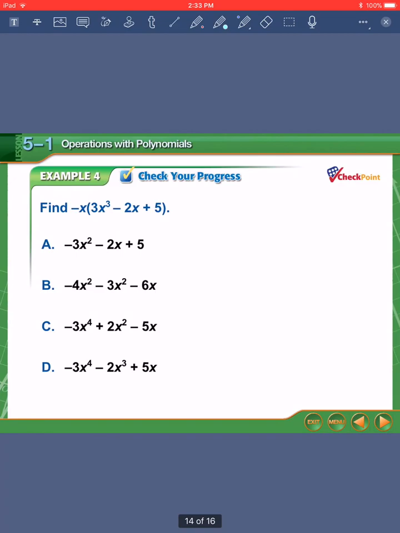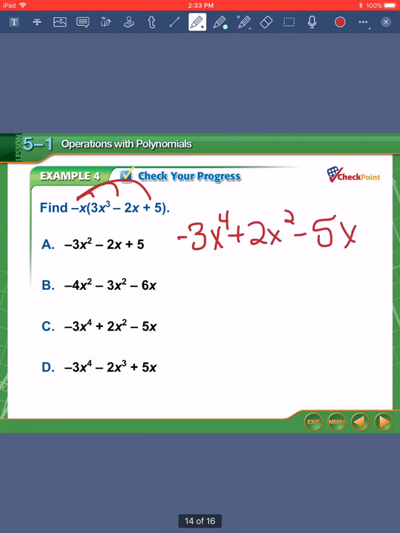Same thing here, I'm multiplying negative x times 3x cubed minus 2x plus 5. So the negative x is being distributed. So I get negative 3x to the 4th plus 2x squared minus 5x. So it would be this one here.